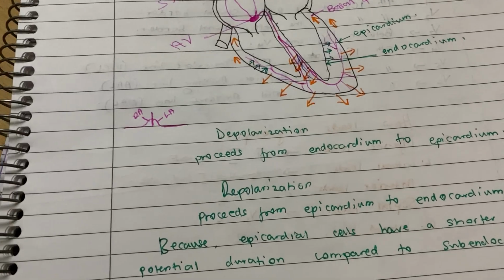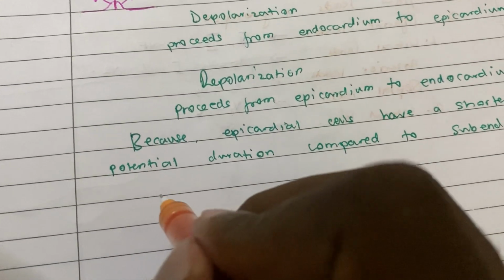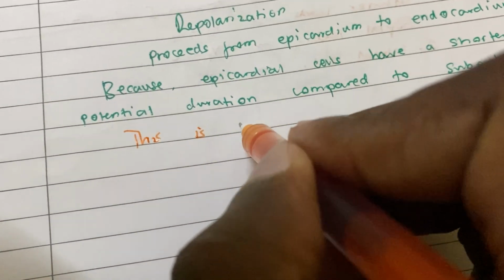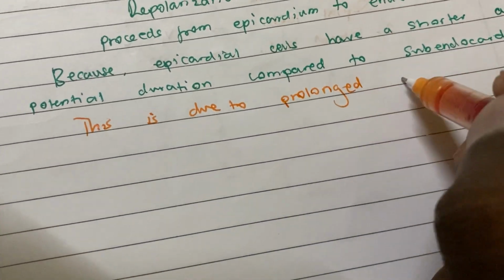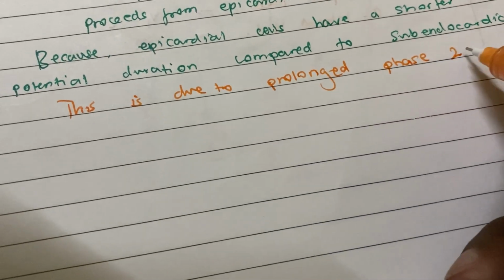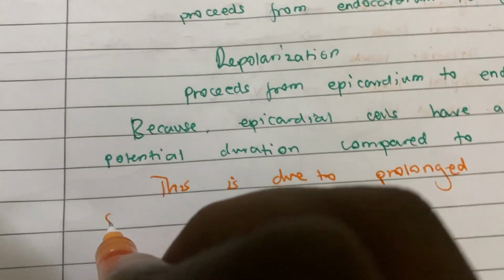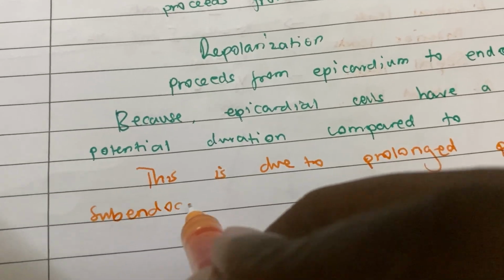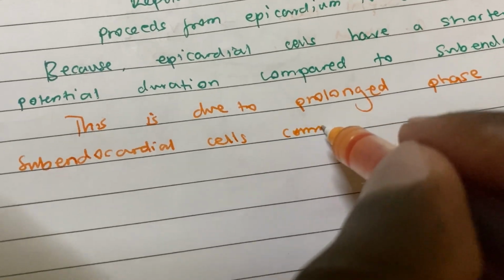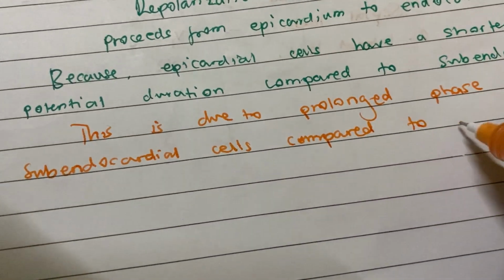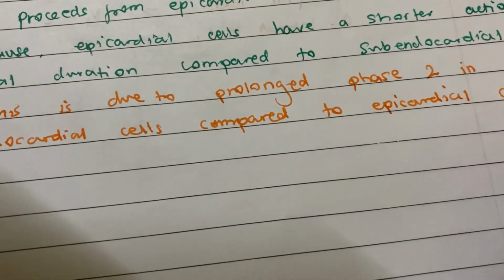This is due to the prolonged phase 2 in subendocardial cells compared to epicardial cells.